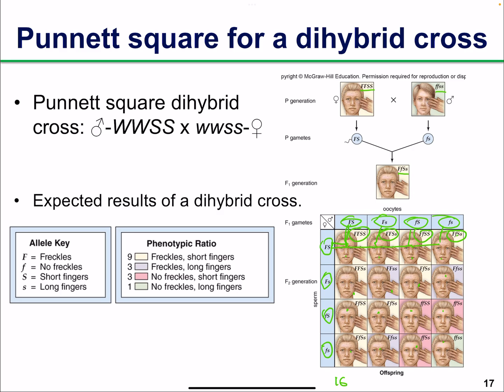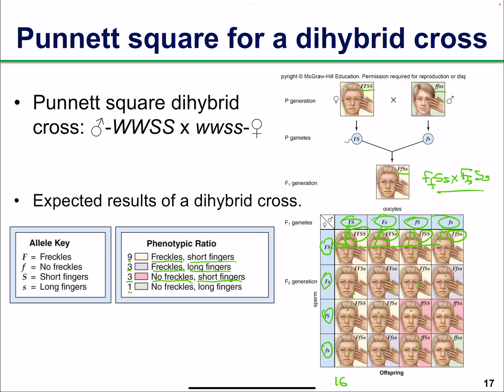So right here. So capital F lowercase f, capital S lowercase s times capital F lowercase f and capital S lowercase s. What do we see? Well, what we see is that out of 16 individuals, 9 are going to have freckles with short fingers. 3 out of 16 are going to have freckles with long fingers. 3 out of 16 are going to have no freckles with short fingers.